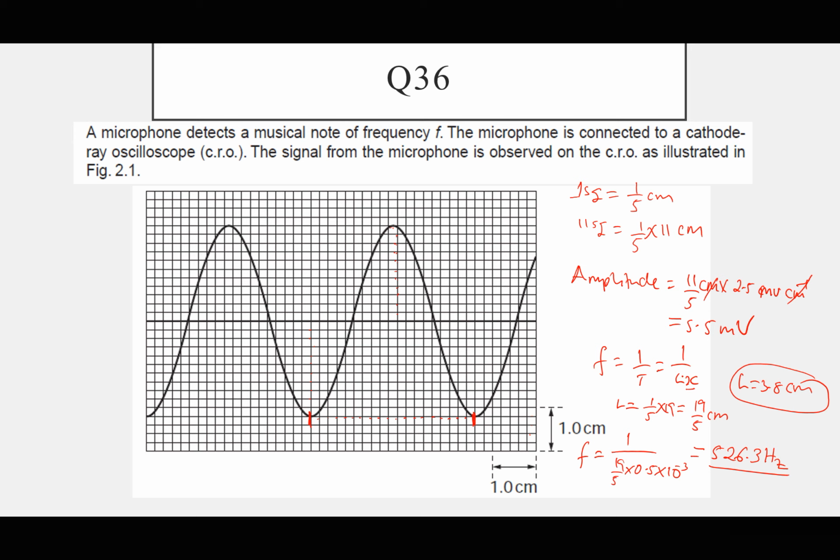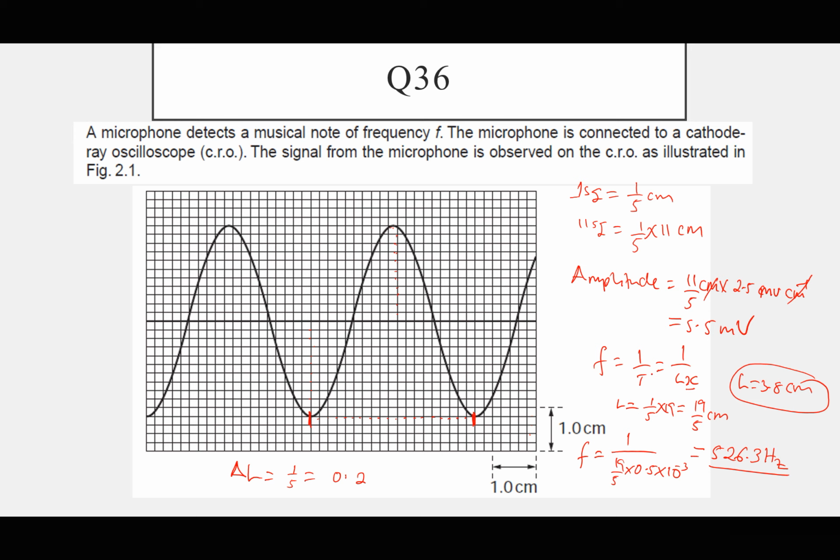Therefore, the uncertainty in L is going to be the uncertainty in F. The absolute uncertainty in L is equivalent to the value of one small square, which is 1 divided by 5, that is 0.2. That is the absolute uncertainty in L.